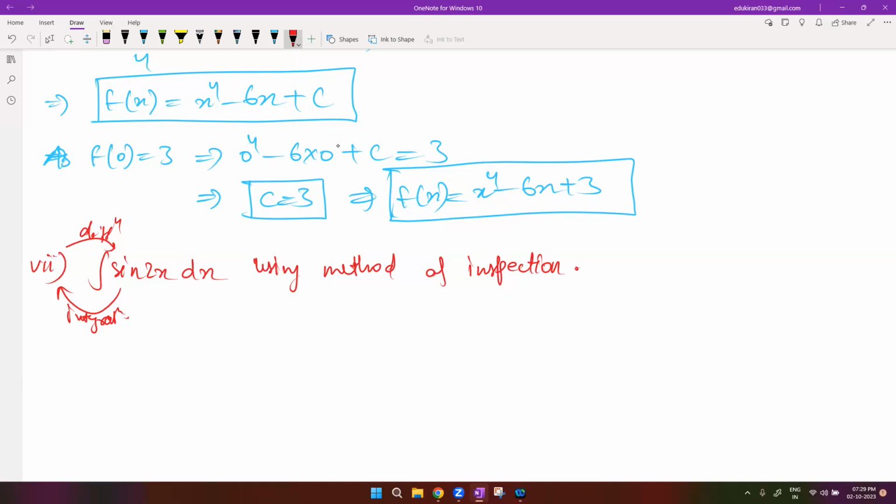For getting the differentiation sine, the function must be cos. The differentiation of cos is only sine, correct?